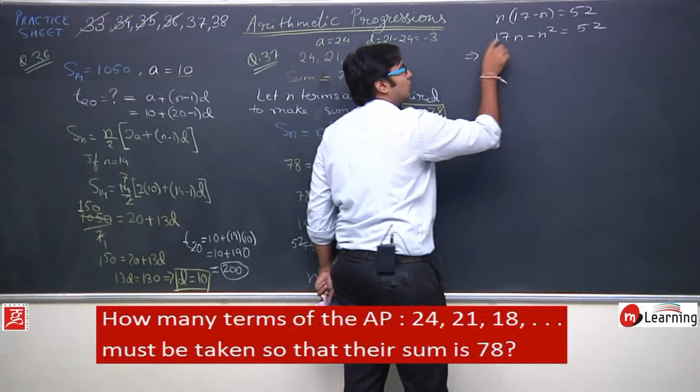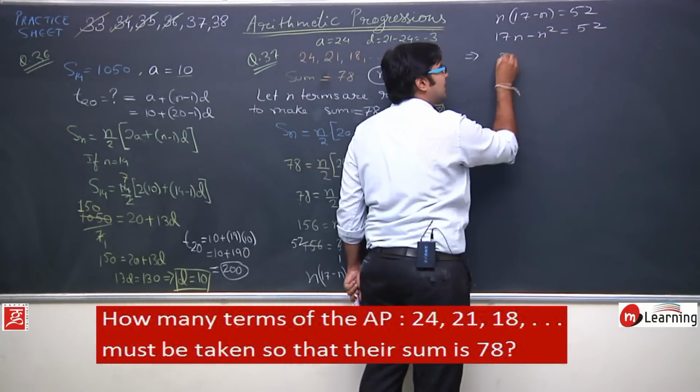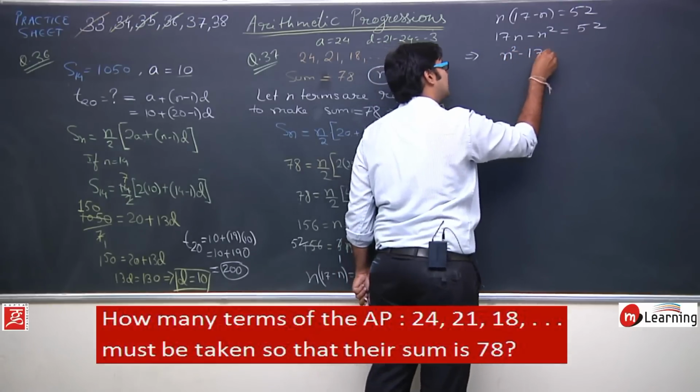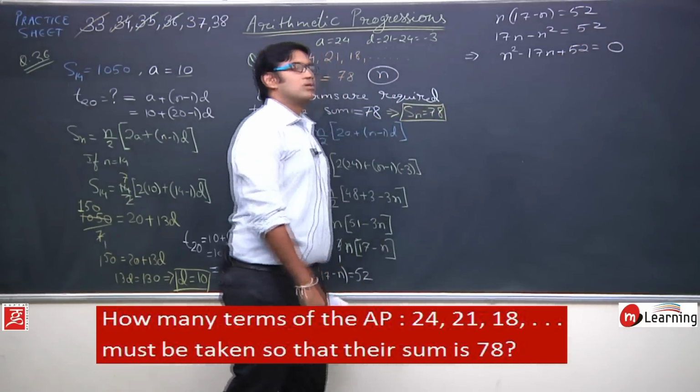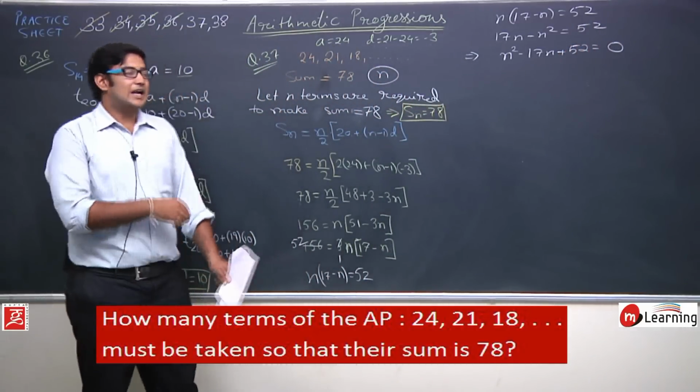So if I shift all these terms to RHS, I will get n square minus 17n plus 52 is equal to 0. So this is a quadratic equation.